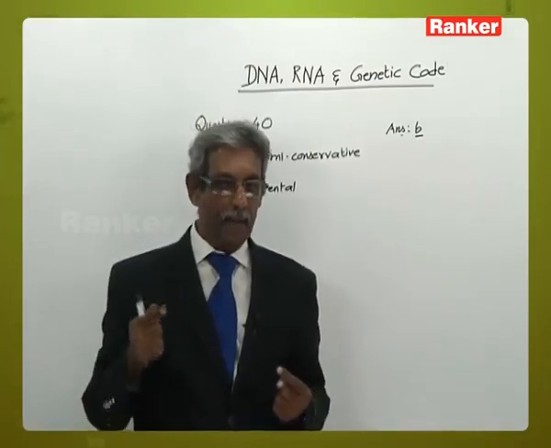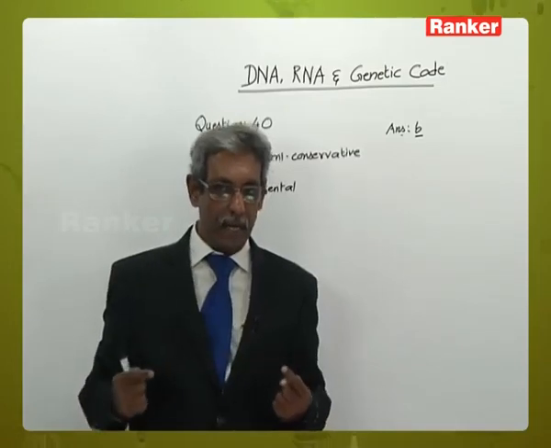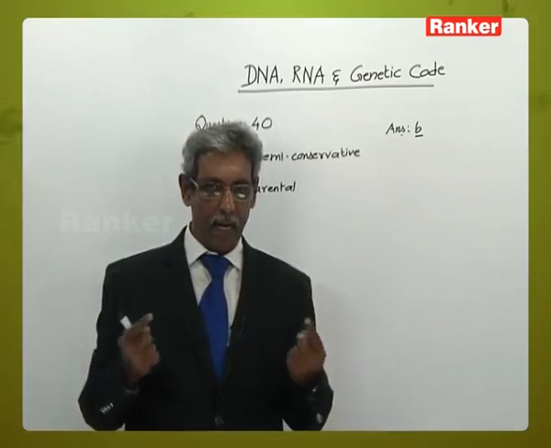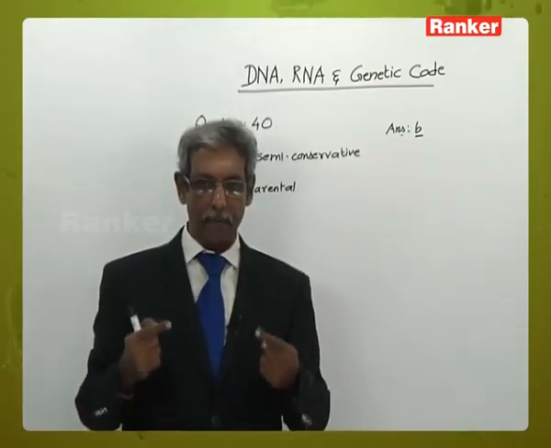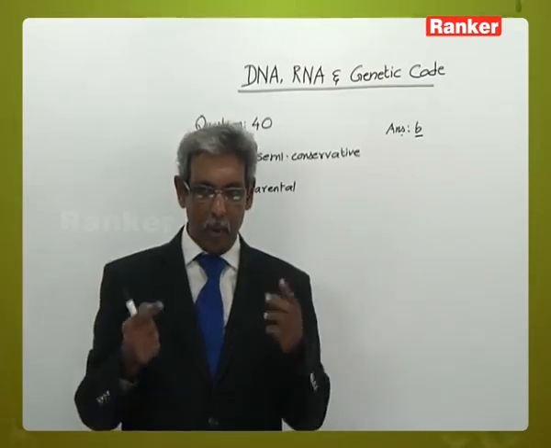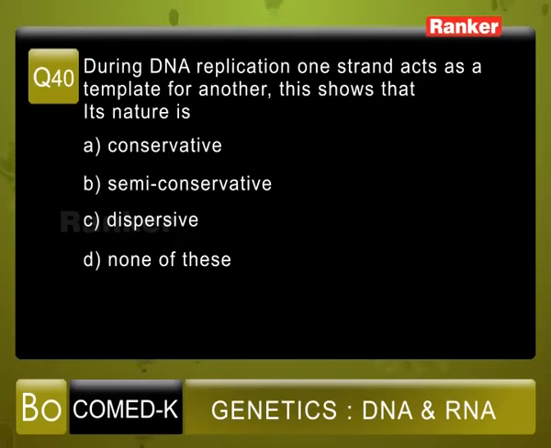And the red ribbon will synthesize another daughter DNA strand, which is light red in color. This pattern of inheritance, wherein always a blue ribbon and a red ribbon keep on going from one generation to another generation, is primarily termed as semi-conservative replication. So during semi-conservative replication, always one of the strands has got the parental properties. Hence the choice is B.